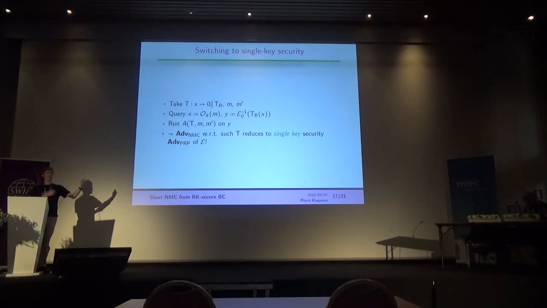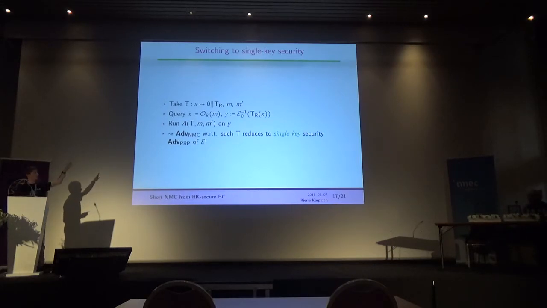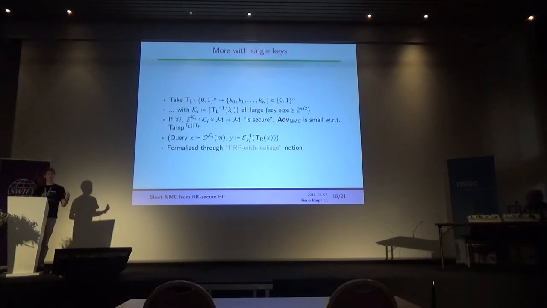And now because you know that the key was tempered to 0, it's a constant that you know, you can just decrypt yourself using E inverse with key 0, and give this to the NMC adversary. And so now we have another bound, but this time for just the PRP security. So that works well for this particular function, and you can extend it if the tempering function is not exactly a constant, but just maps to a few values, and all values have a large preimage set.